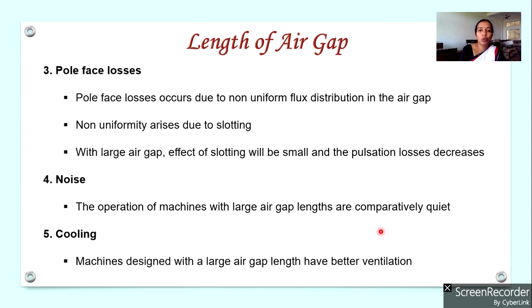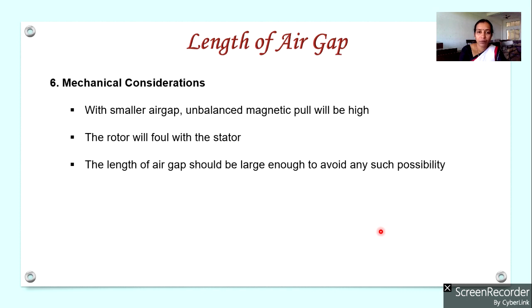The next one is cooling. We can easily explain this point. If we are using a larger air gap, the cooling air will get more space to circulate. So a larger air gap means there is more space for the cooling or ventilating air to circulate, and cooling becomes better.